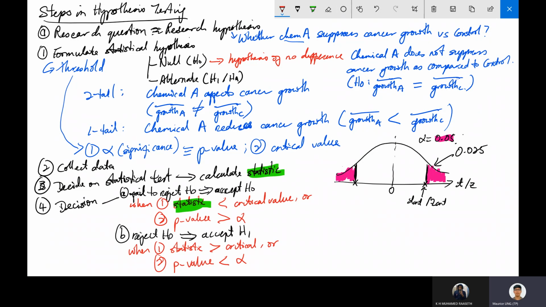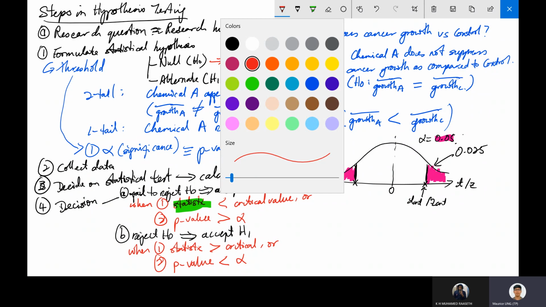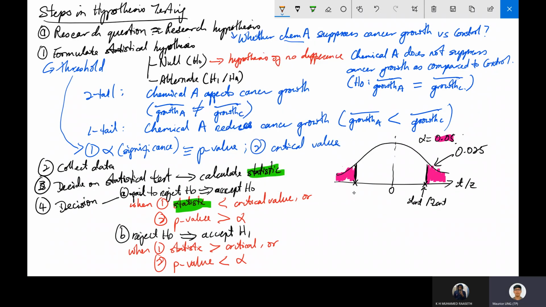If I put it on the graph, anything inside the unshaded region means you accept the null hypothesis. Anything beyond that, you reject the null hypothesis and accept the alternate hypothesis.